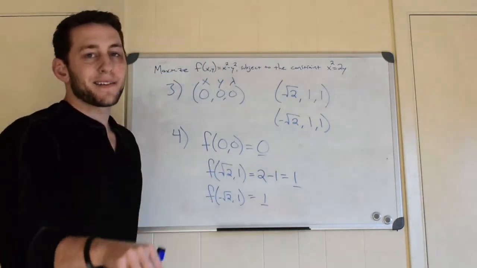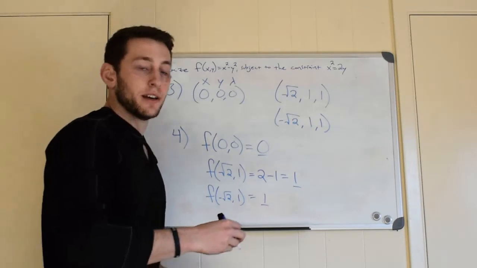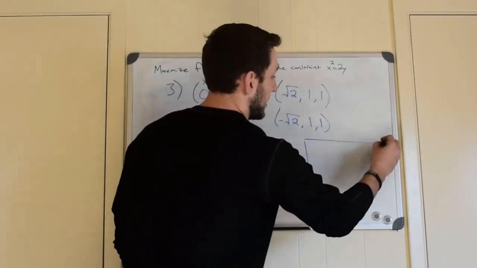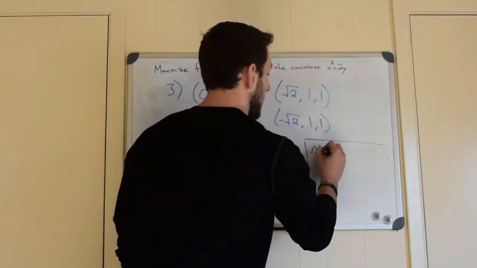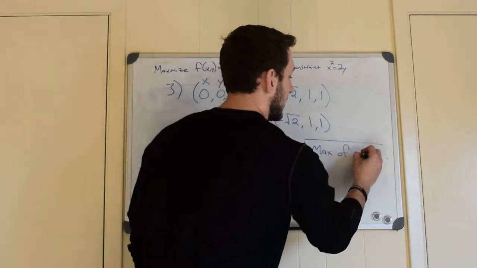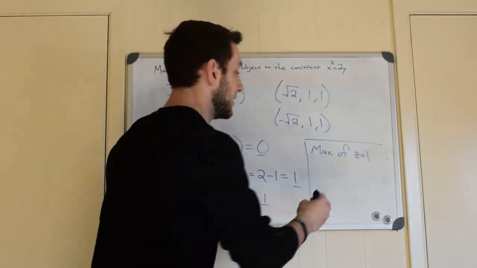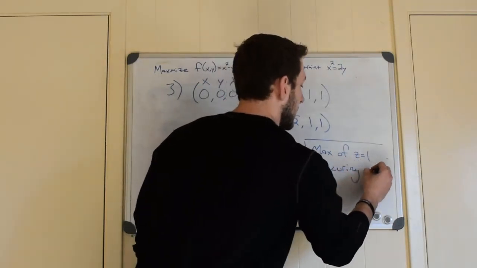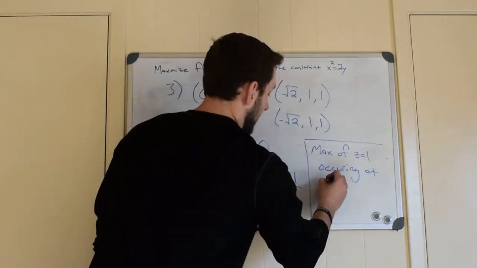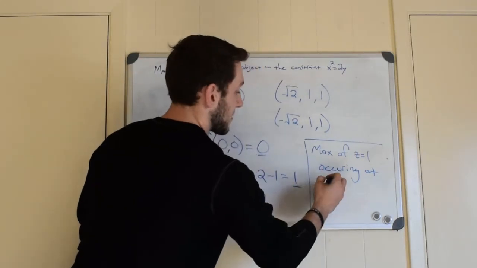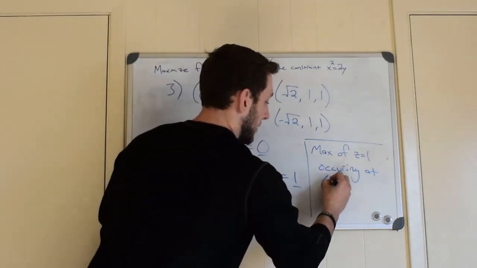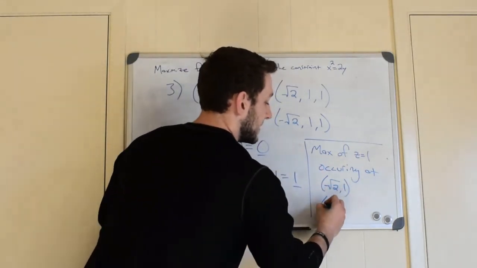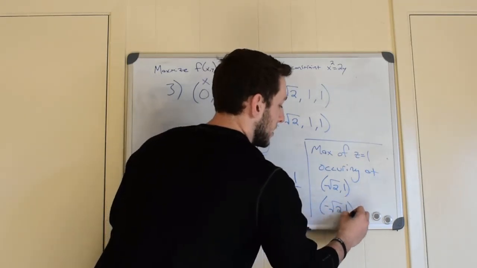Since we're trying to maximize the function, we'll say that we have a max of z equals 1 occurring at the points square root of 2, 1 and negative square root of 2, 1.